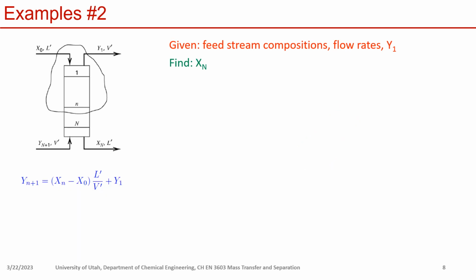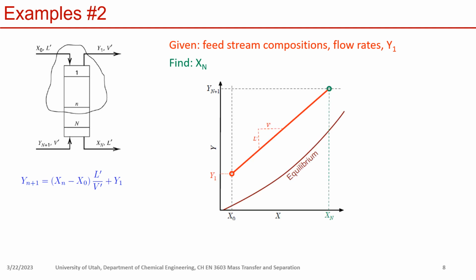Another example is where we know the feed stream compositions, the flow rates, and y1. Let's find out xn. In this case, we know the feed stream composition and y1, which give us the coordinates of this point, right? And we know the flow rates of the liquid and vapor phase, which give us the slope.